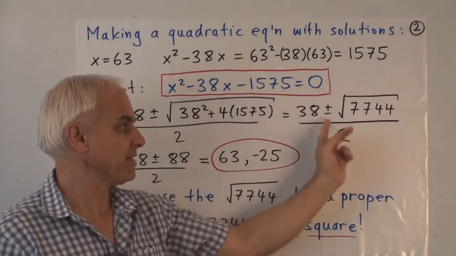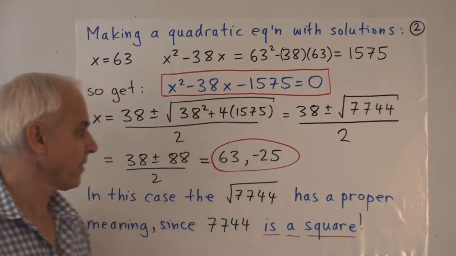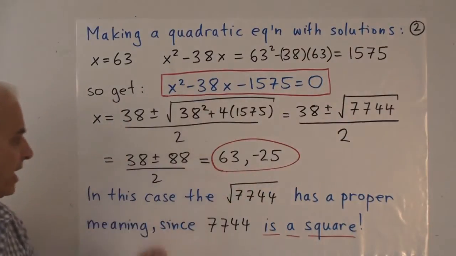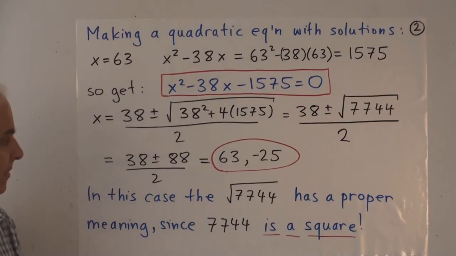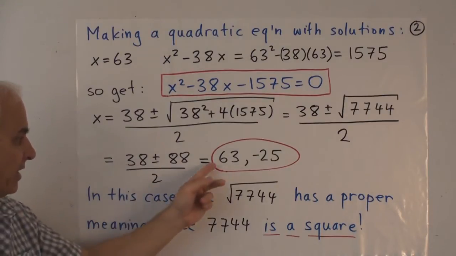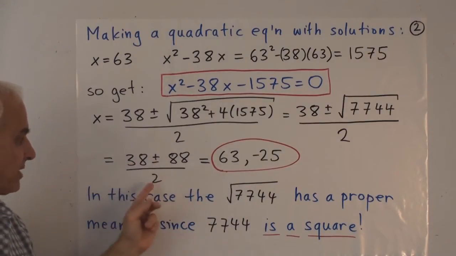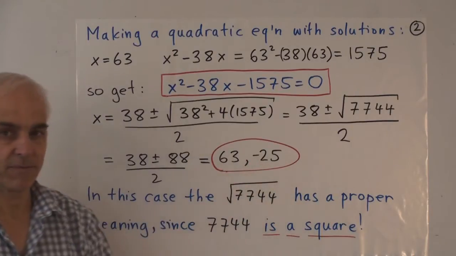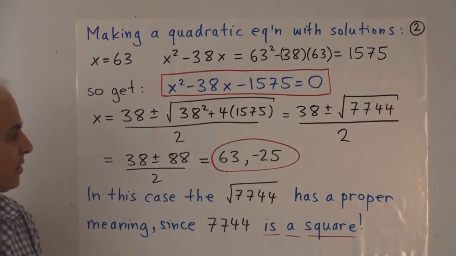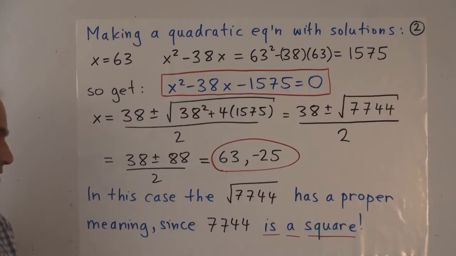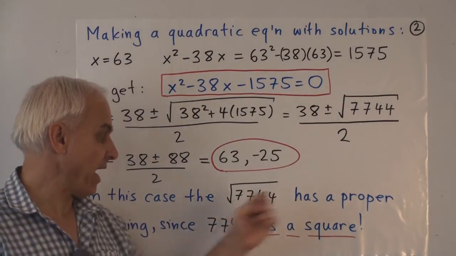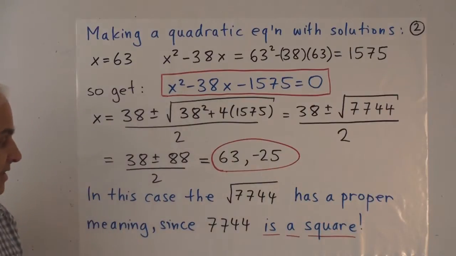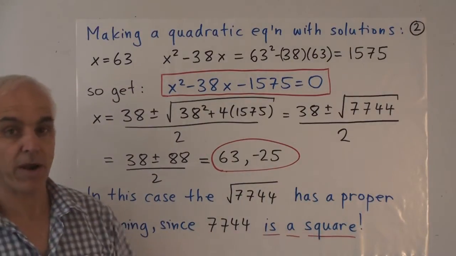So this had better be something that actually is an integer. In fact, the square root is exactly 88, so the two solutions are 38 plus or minus 88 over 2. One of those, with a plus sign, gives you 63. The other one with the minus sign gives you minus 25. So those are the two solutions. So in this case, the square root of 7,744 has a proper meaning, since 7,744 is a square.